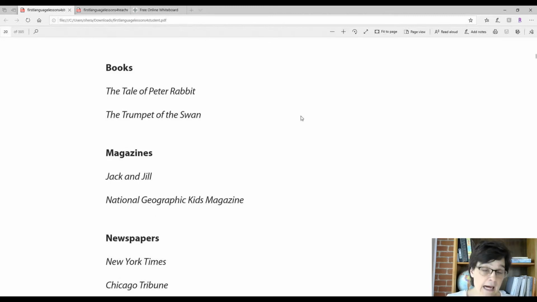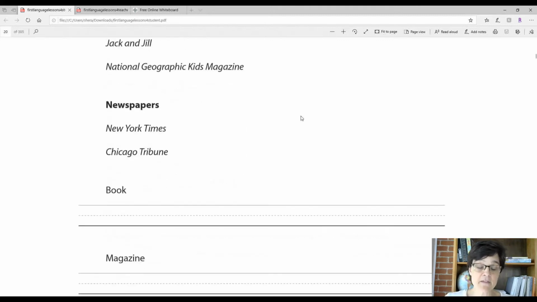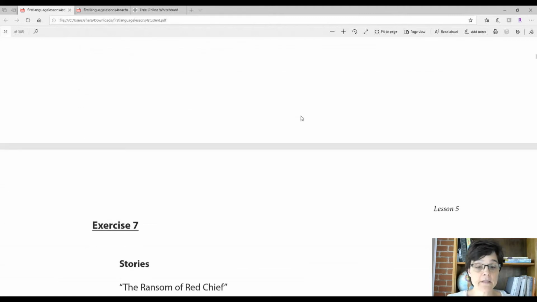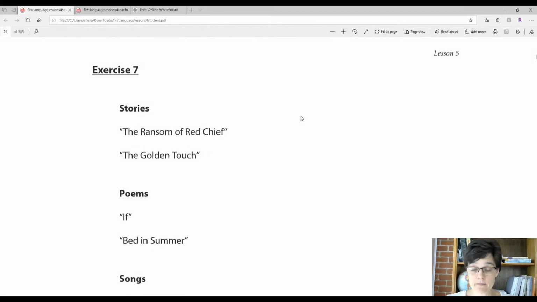If you type the names of books, magazines, and newspapers, you put them in italics. But if you write them by hand, you can't write in italics. So you underline them, if that makes sense. So you'll take one of each and write them correctly there. Okay, so you can pause it or you can go ahead and do it later, whatever you want to do.